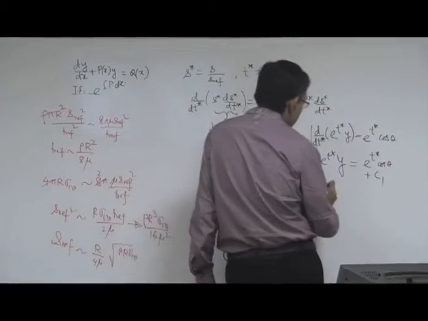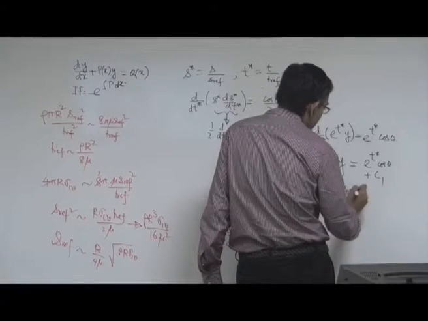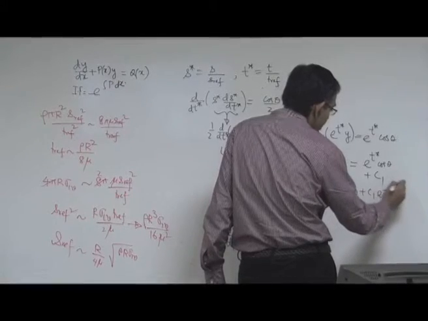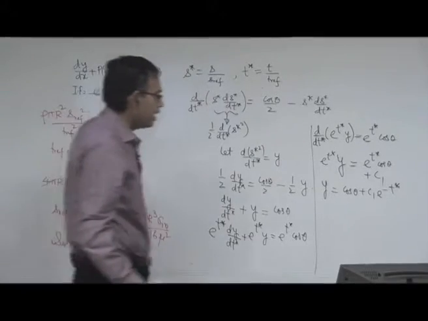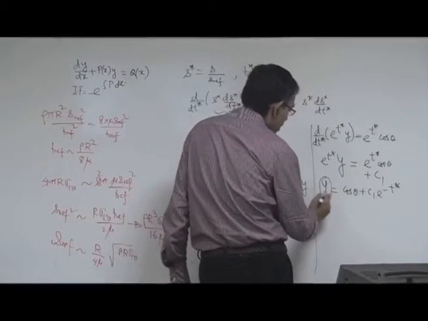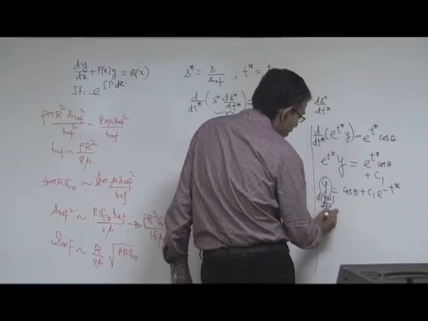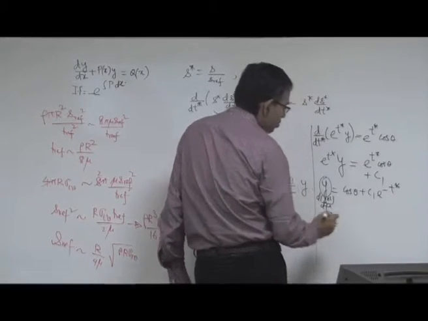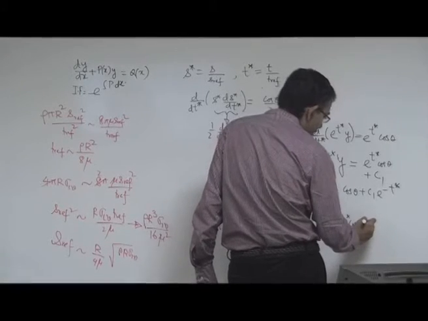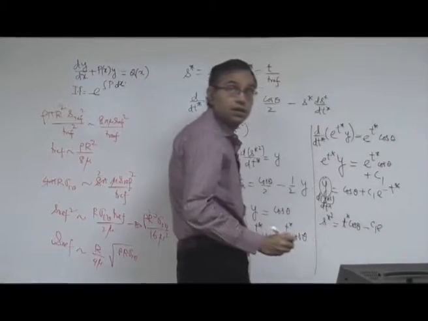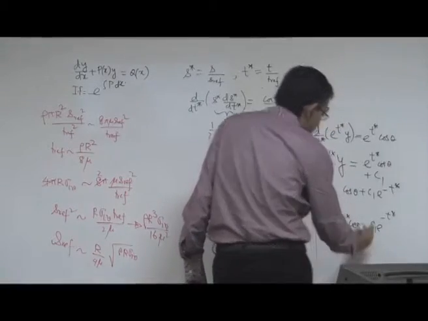So y is equal to cos theta plus C1 e to the power minus t star, right, and y is dS star squared/dt star. So S star squared is equal to t star into cos theta minus C1 e to the power minus t star plus C2.